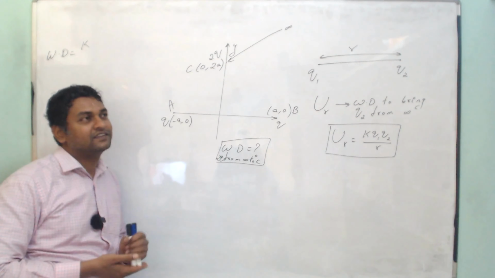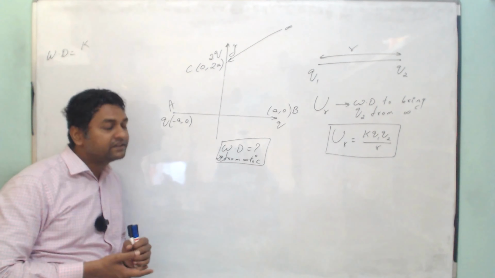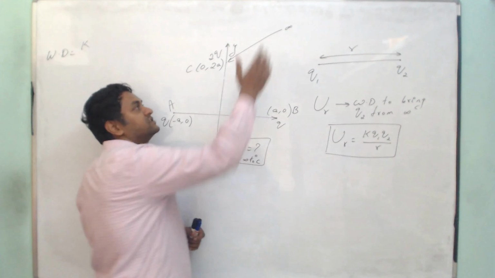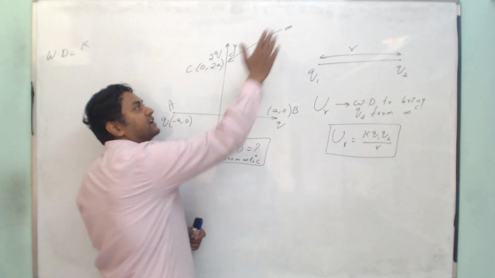Come back. The work done to bring this charge 2Q from infinity to this point is the electrostatic potential energy of the 2Q charge and Q charge.